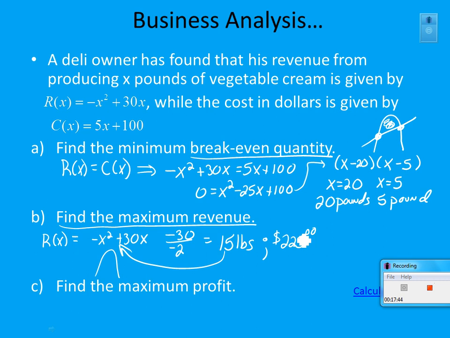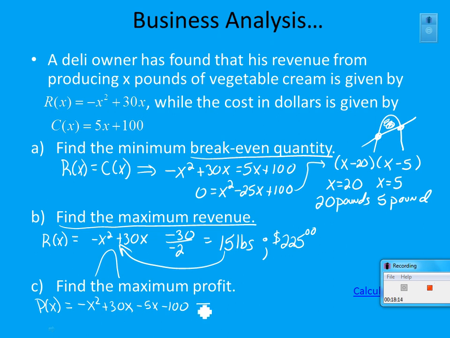For part C, it says find the maximum profit. Well, I need a profit equation then, which is going to be my revenue, which is negative x squared plus 30x, minus my cost, which will be minus 5x minus 100.